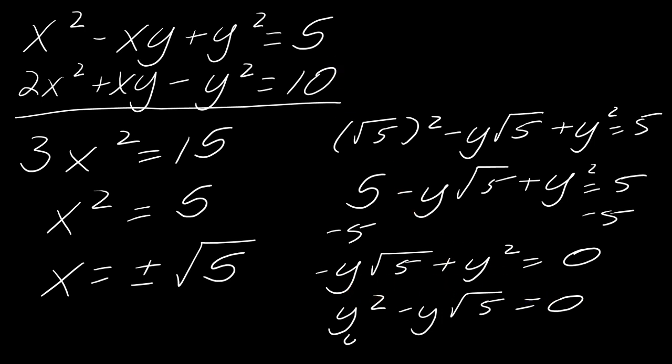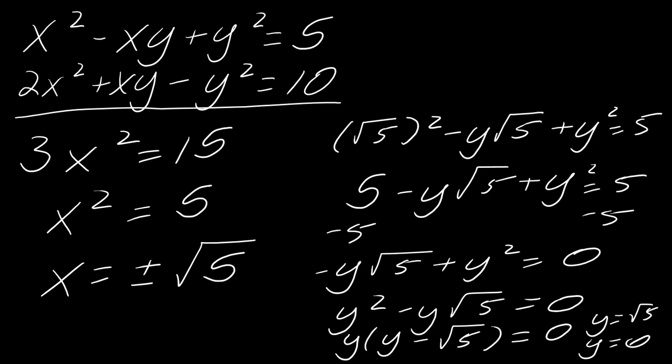So if I factor out the y, I have y times (y minus square root of 5) equals 0. And now from this factored form, I can see the two solutions for y. I'm going to have that y equals the square root of 5 or y equals 0. Those would be my two solutions.